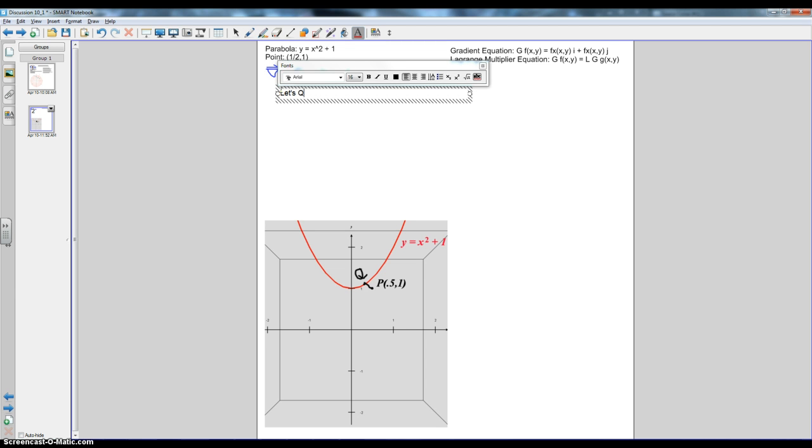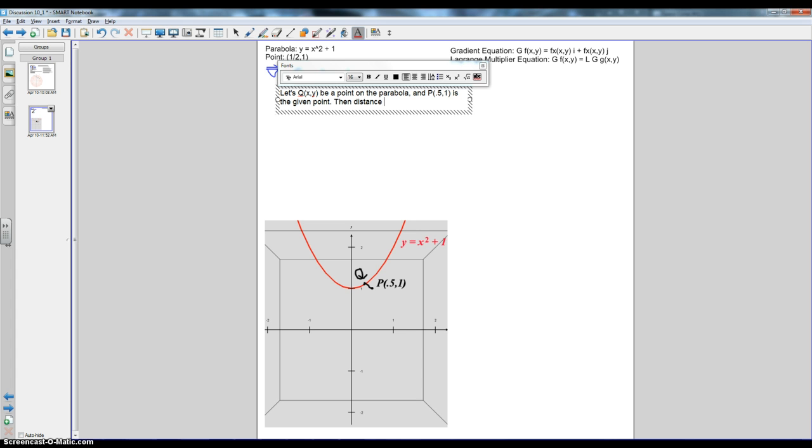Let Q with coordinates x, y be a point on the parabola, and P (0.5, 1) is the given point.